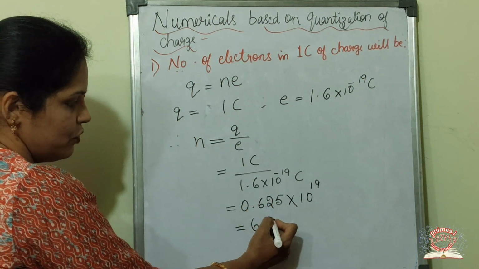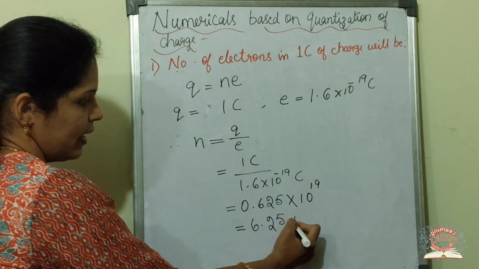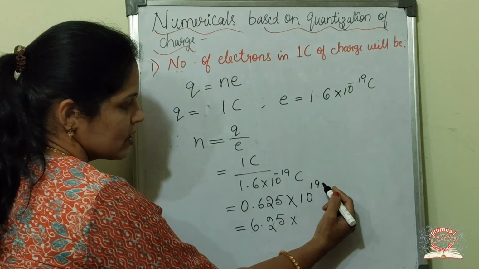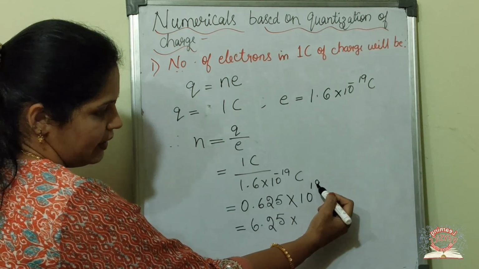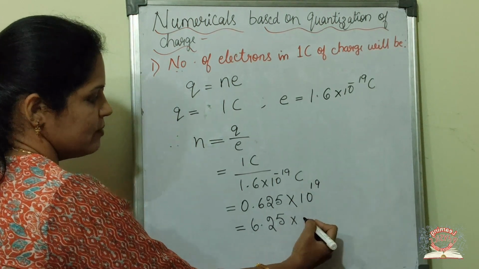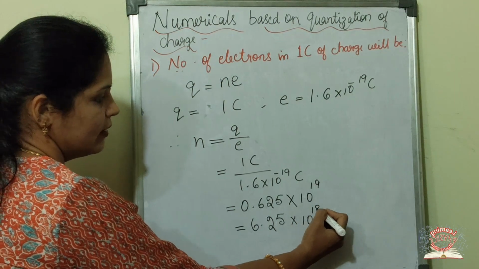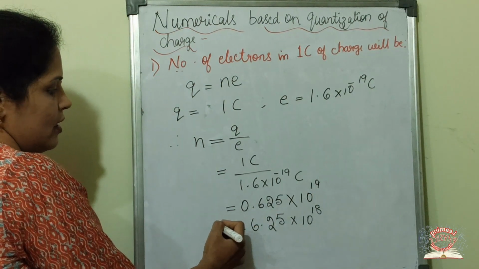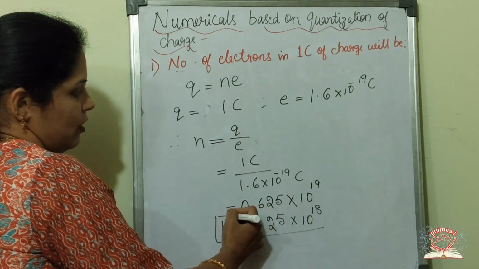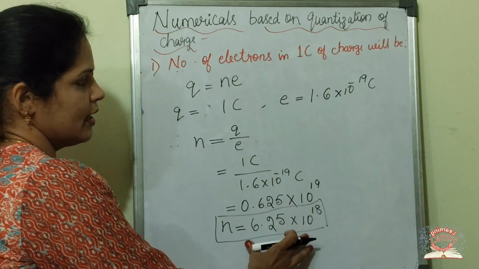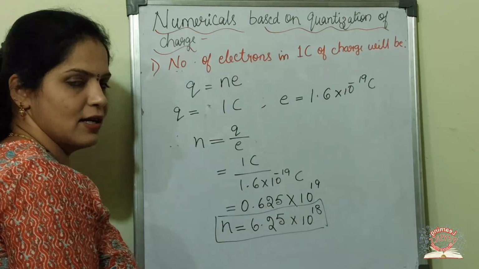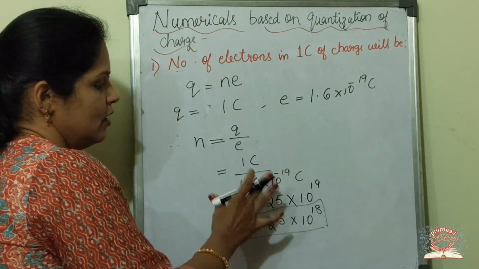So 6.25 into 10 to the power minus 1, and here you need to add 19 and minus 1, which becomes 10 power 18. So 6.25 into 10 power 18 electrons are required to have 1 coulomb of charge. That is the meaning. Is this clear?